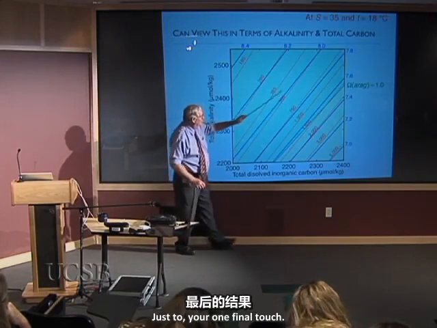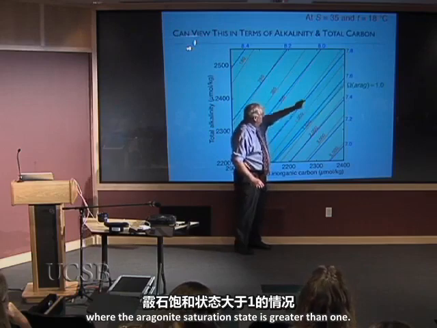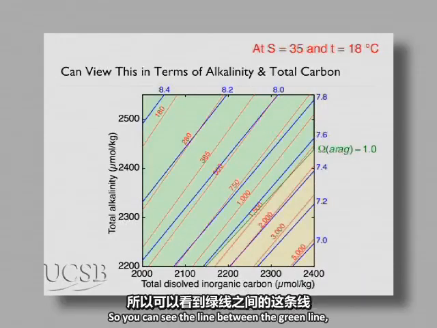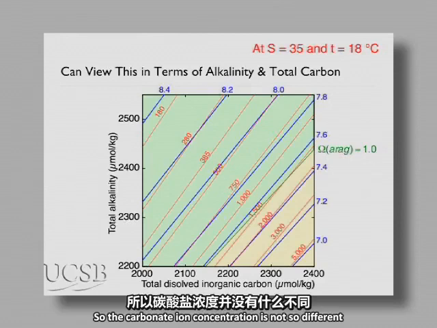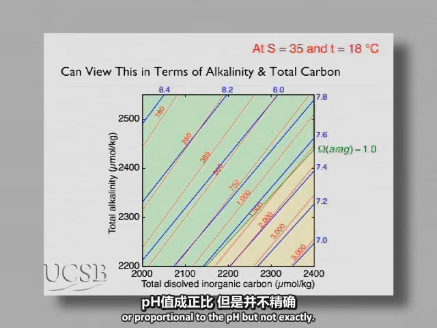Just to give you one final touch, the green is where the aragonite saturation state is greater than 1, the yellow less than 1. So you can see that the line between the green and yellow is another line that's not quite parallel. So the carbonate ion concentration is not so different from being proportional to the CO2 or proportional to the pH, but not exactly.